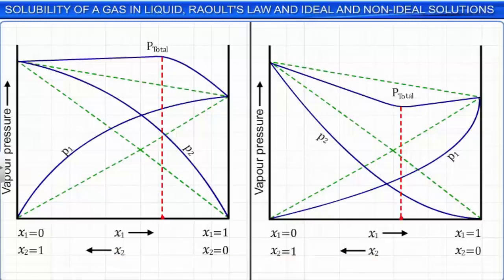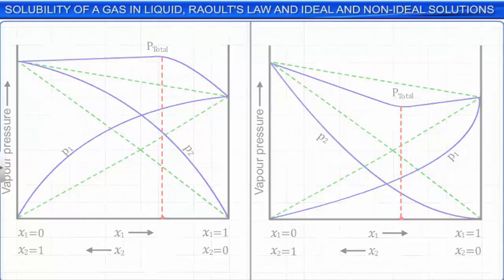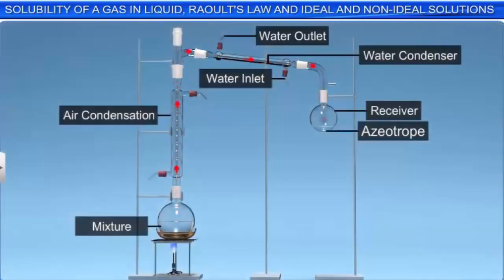Azeotrope is thus defined as a special class of liquid mixtures that boil at a constant temperature and at a certain composition.